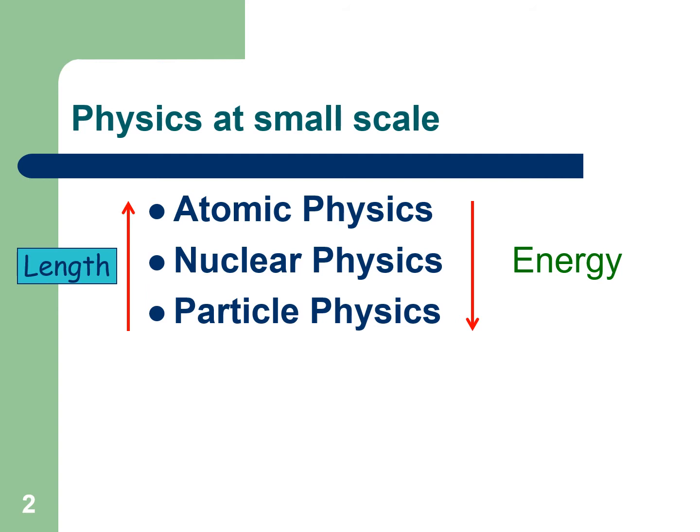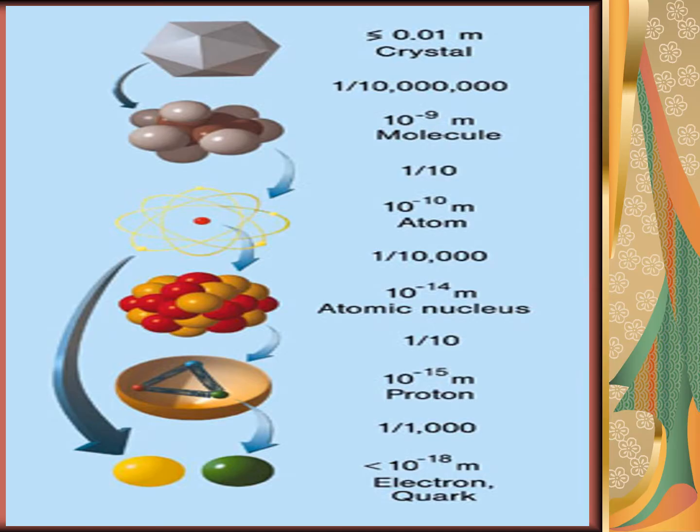In nuclear physics, it is of the order of a few Fermi, and in particle physics, it is less than 1 Fermi. Here goes a simple picture of matter and its subdivision as we move away from crystal up to subnuclear particles. How does the size decrease?